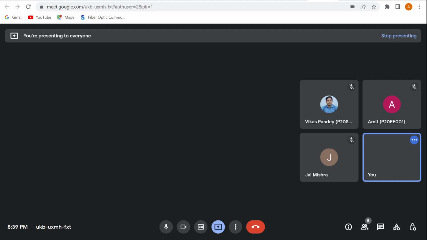We define x(t) equal to 1 for t from minus T by 2 to T by 2, and 0 otherwise. So the value of x(t) equals 1 for the time period minus T by 2 to T by 2. We have to put this x(t) value in the above formula.